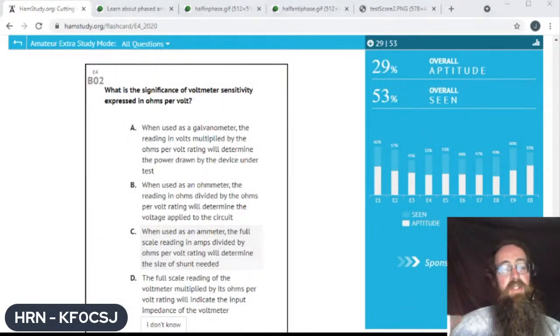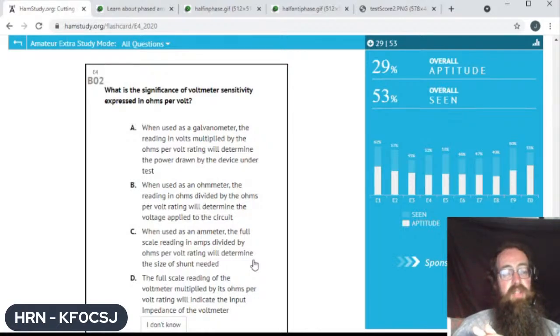What is the significance of voltmeter sensitivity expressed in ohms per volt? A, when used as a voltmeter, the reading in volts multiplied by the ohms per volt rating will determine the power draw by the device under test.